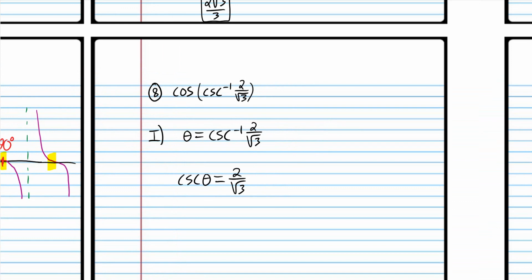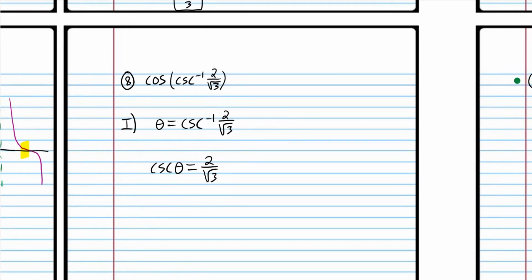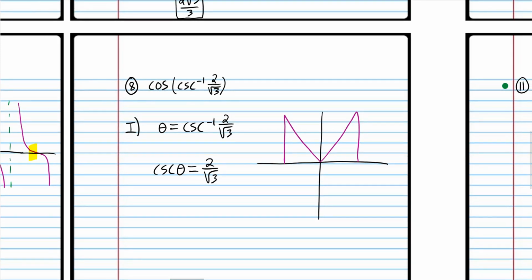So now we understand what we're looking for. So let's draw the triangles. Cosecant is positive in the first and second quadrants.